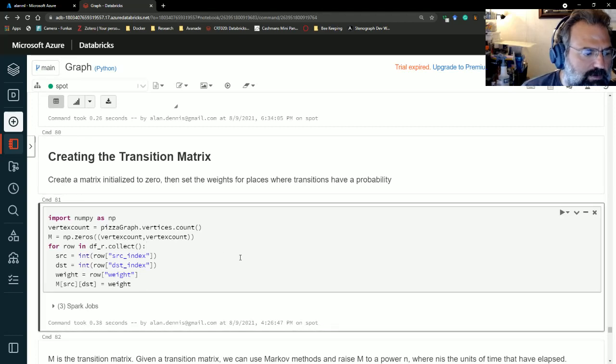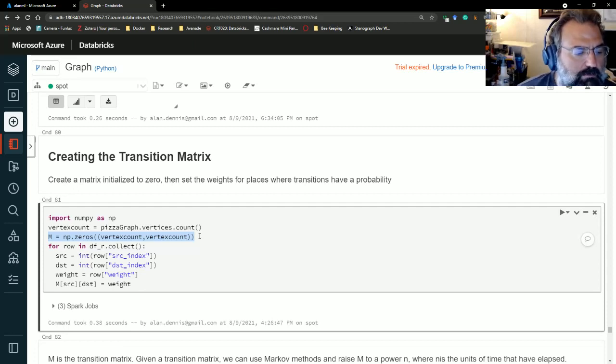So then we can create our transition matrix, and this is a little hunky. We start off, we set the matrix to be a NumPy zeros matrix of size vertice count by vertice count, because we are dealing with a square matrix.